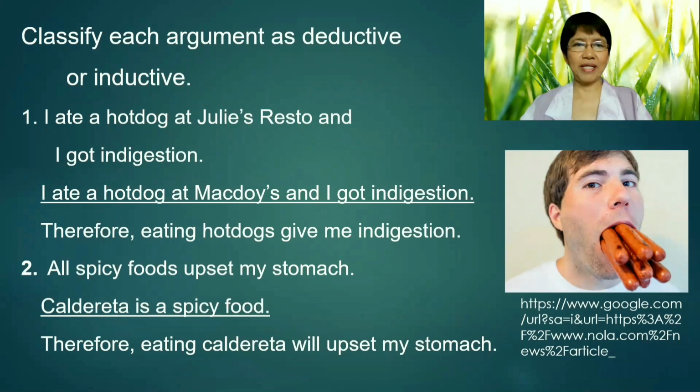Classify each argument as deductive or inductive. Number 1. I ate hot dog at Julie's Resto and I got indigestion. I ate hot dog at McDoy's and I got indigestion. Therefore, eating hot dogs give me indigestion.